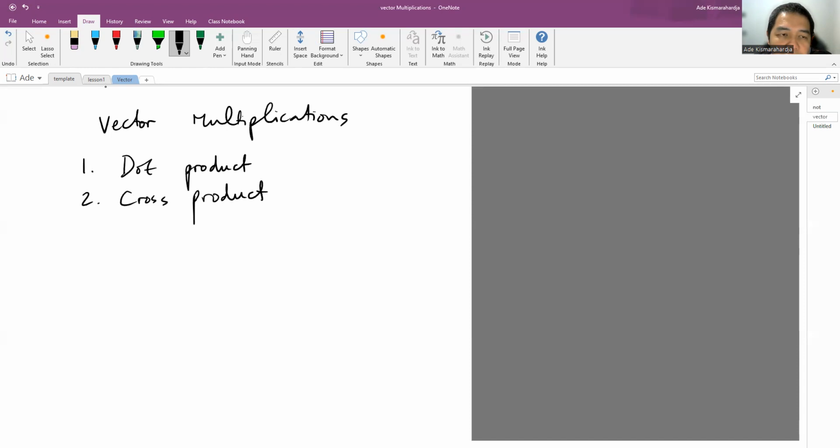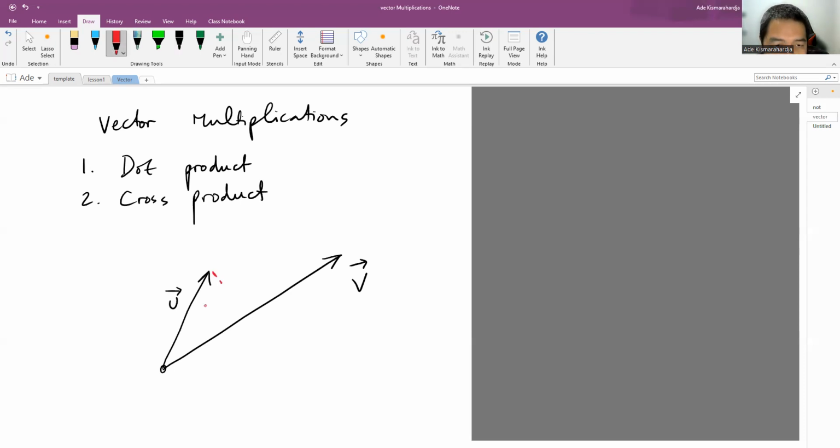So now I'll explain to you why we have two different multiplications. So for example, let's suppose I have two vectors. This is the first one, u, and then I have now another one, v. So now if you look at one of them, for example, you see the vector u.